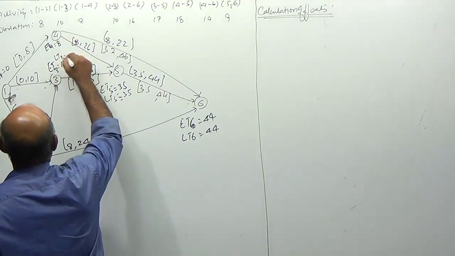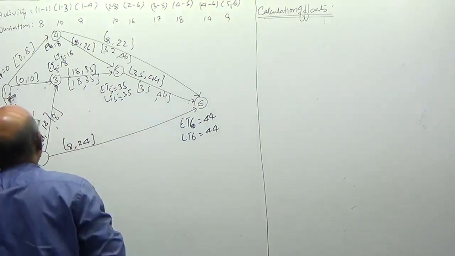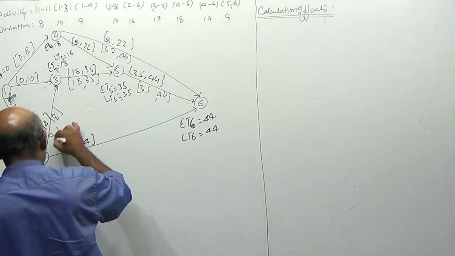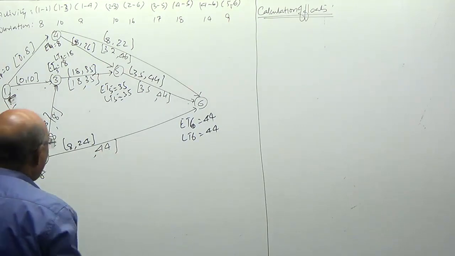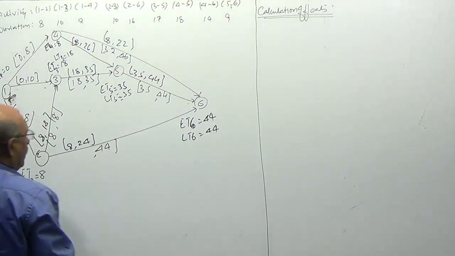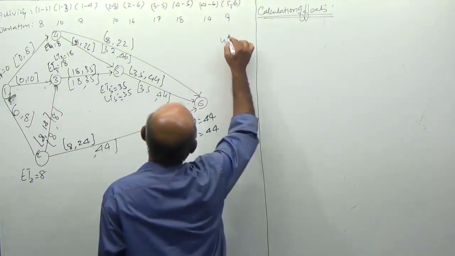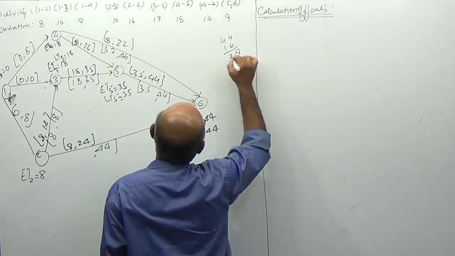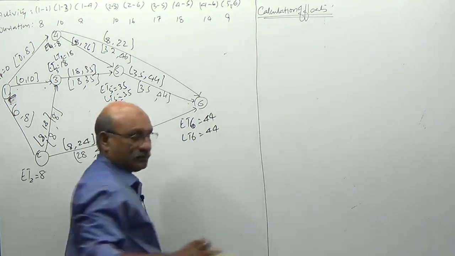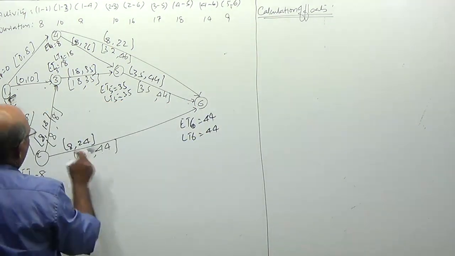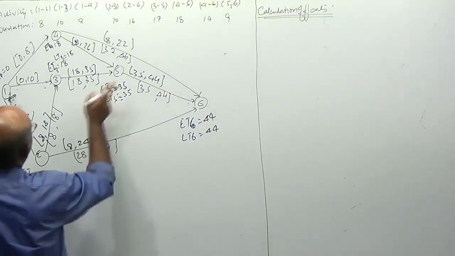So, at node number 3, latest is 18. 2-3 will take 10 days, so it is 8. 44 minus 2-6, which will take 16 days, is 28. 8 and 28, minimum is equal to 8, latest timing of 2 is 8.